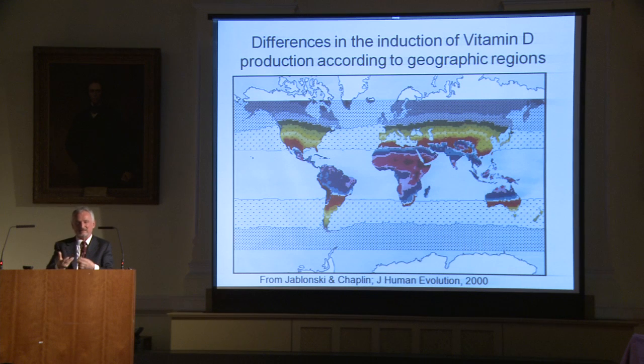So from this, it is understandable that the further you go north into the area where there is not enough sun exposure, the lighter your skin must be to have the same output of vitamin D to protect you against bone deformities and against infection as you would have if you would stay in the equatorial area.